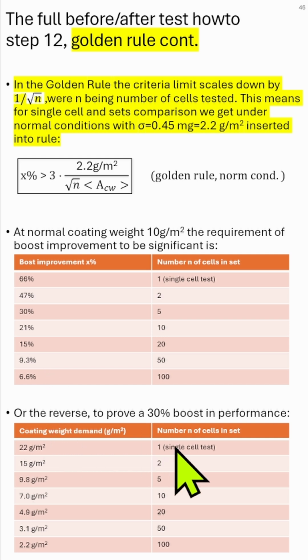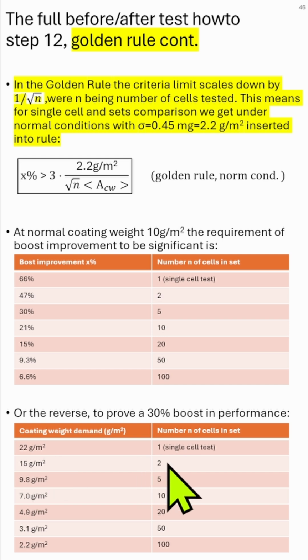If there is a single cell test only, so if you see a paper saying that it's showing 30% boost performance, well, if they only have one single test, then they need to be about 66%, right? If they have 10 grams. But if we do the reverse calculation, say if they have 30%, then they must have 22 grams of coating weight for it to be statistically significant.